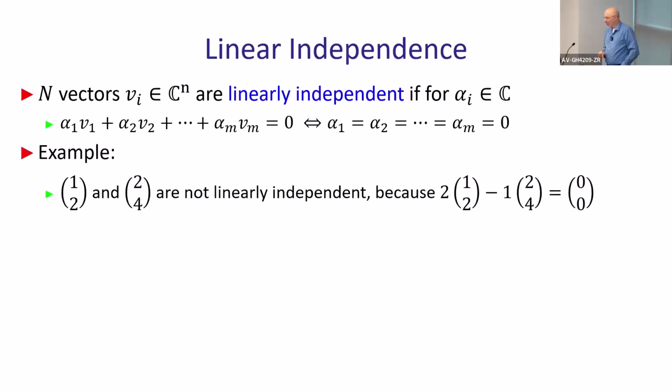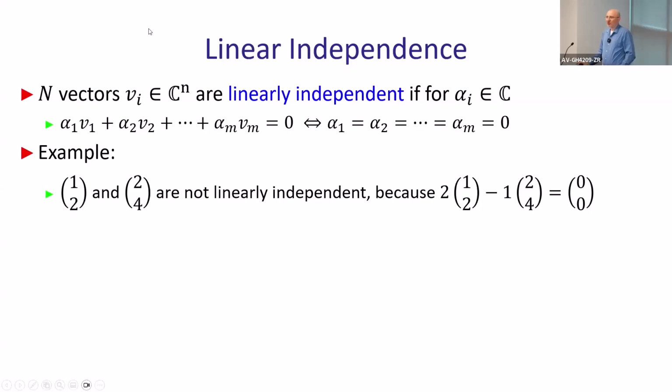Okay, so here's an example. 1, 2 and 2, 4 are linearly dependent, because they are practically proportional.